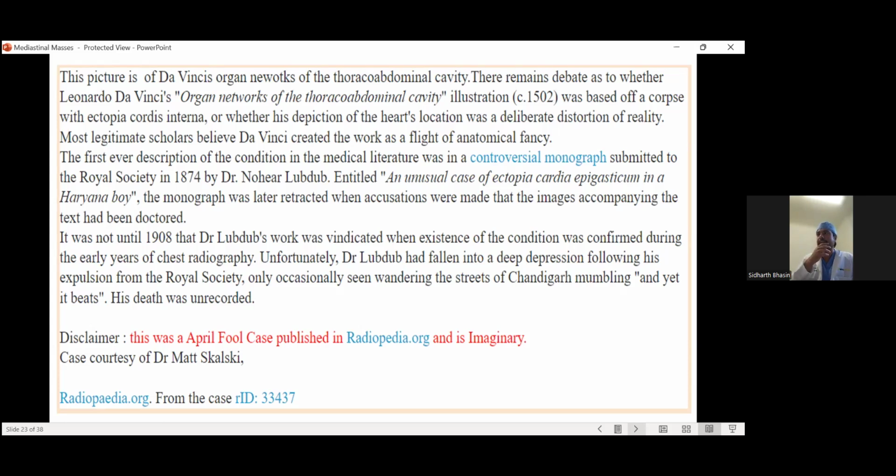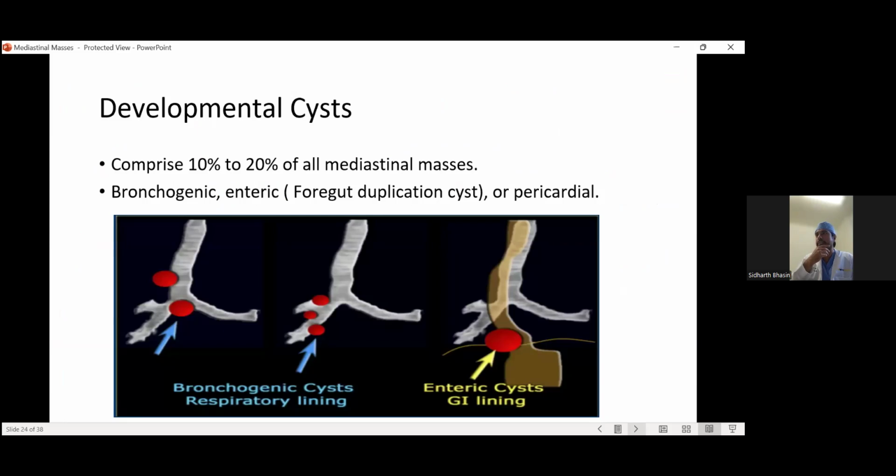Moving to the next slide, where I was going to talk about developmental cysts. They comprise 10 to 20% of all mediastinal masses. You can see the bronchogenic, enteric, or pericardial cysts. The bronchogenic cysts typically have a respiratory lining, and the enteric cysts have a GI lining.